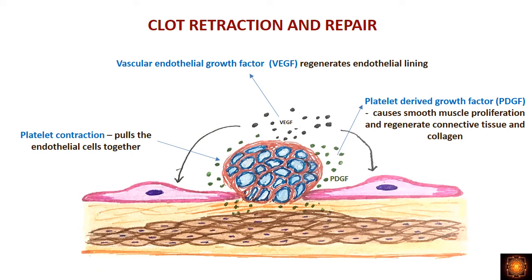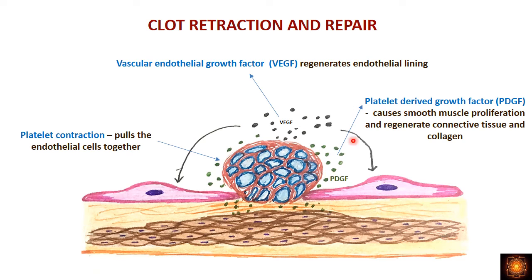Now the next step will be the clot retraction and the repair. So once the platelet plug is formed along with the leukocytes, the next step is there will be contraction of the platelets. Why this platelet contraction occurs is when the platelets contract, they pull the endothelial cells together. Along with that, when they contract, they also release certain growth factors. So we have the release of vascular endothelial growth factors which help in the regeneration of the lost endothelial cells.